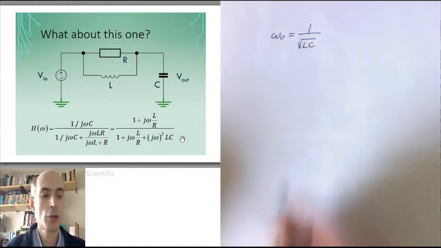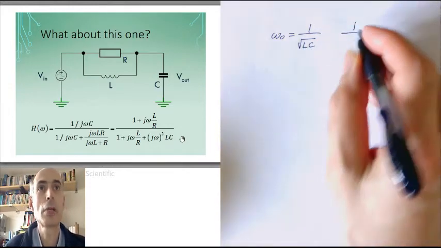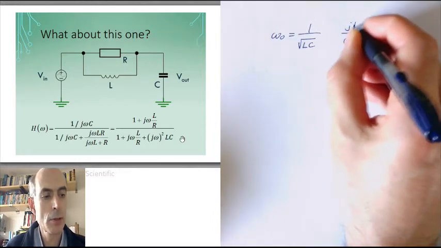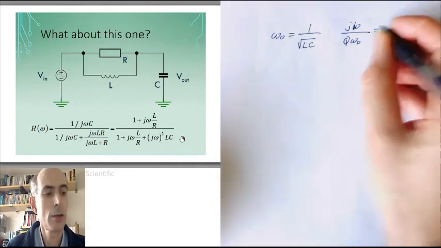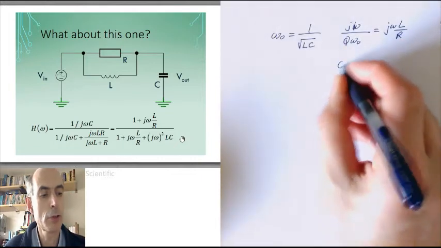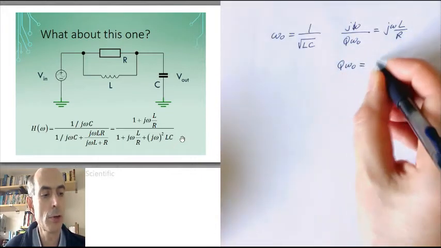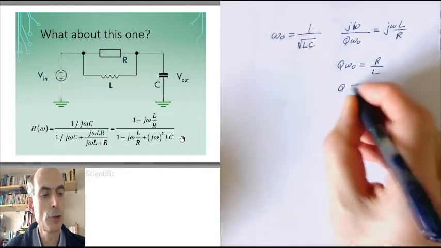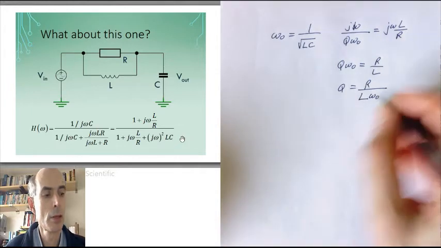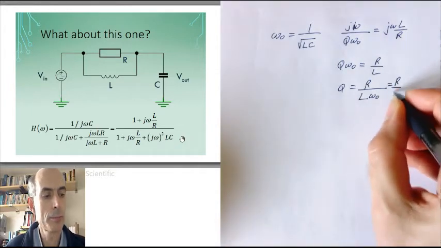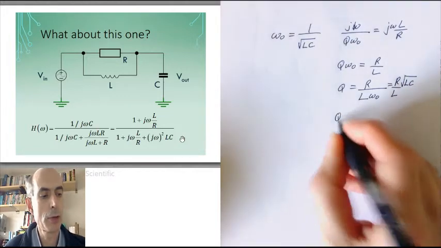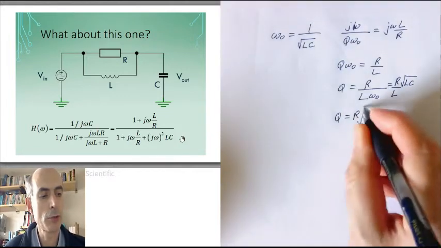And we could work out the Q factor because we know from the term in j omega, which is j omega over Q omega naught, that here it is j omega L over R. Therefore we have Q omega naught equals R over L, and Q equals R over L omega naught, which is R over L times the square root of LC, and we would usually write that as R times the square root of C over L.